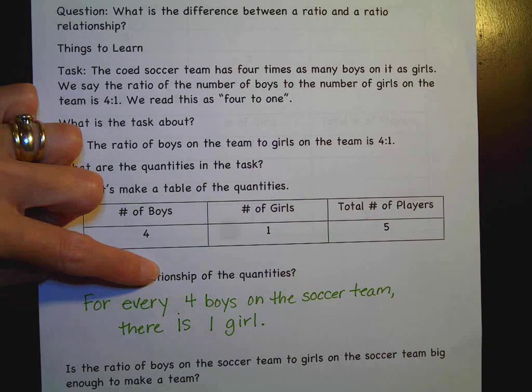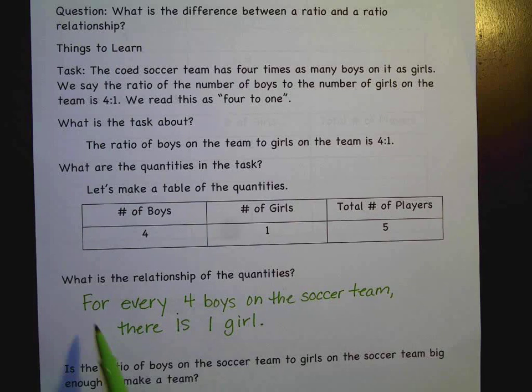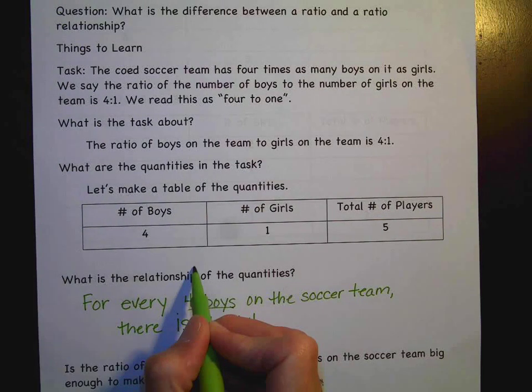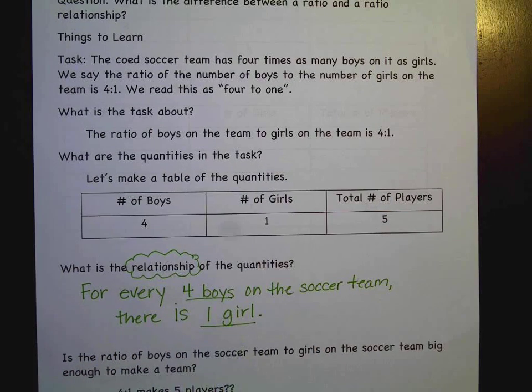Okay? So that's the relationship. The relationship is describing the comparison between the 2 quantities. So for every 4 boys on the soccer team, there is 1 girl. Okay? So remember the word relationship? You're describing the comparison of the 2 quantities.